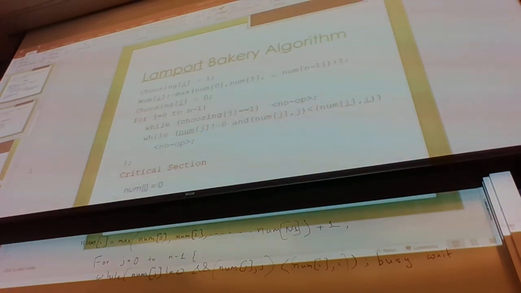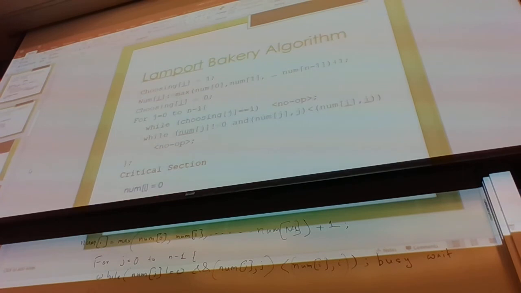Process 2 comes in. What will be the num for process 2? The same number? No, process 1 is already in the critical section. Now process 2 comes. Since process 1 is already in the critical section, num 1 is 1. So what will be the num for process 2? 2, right?